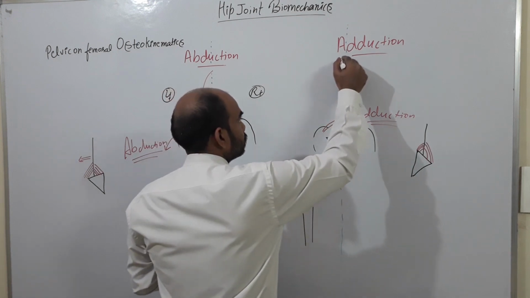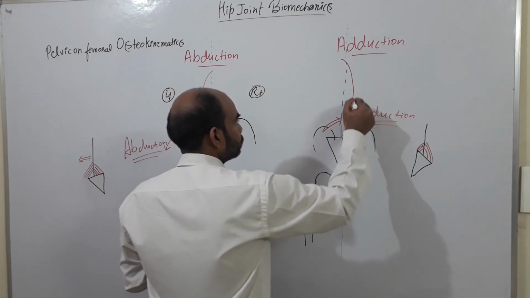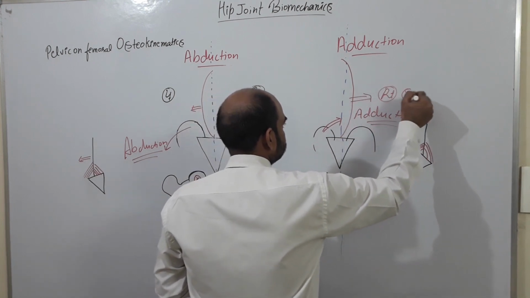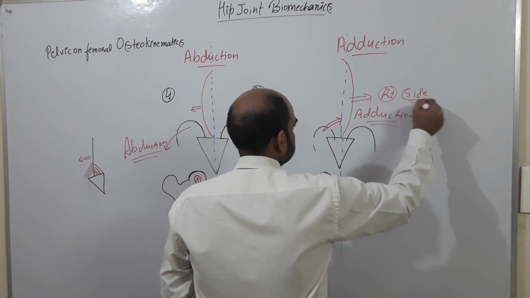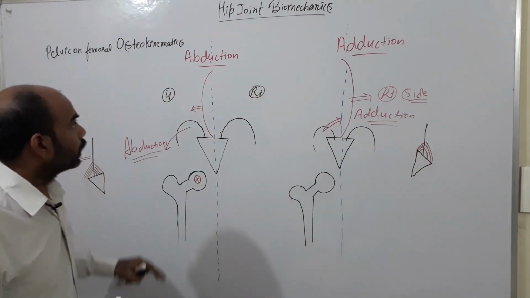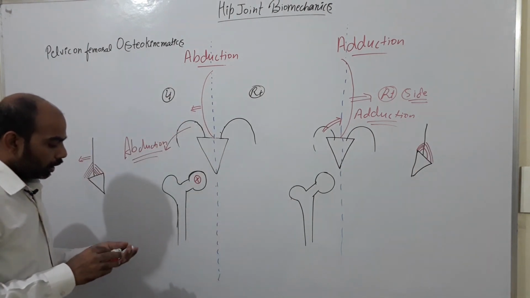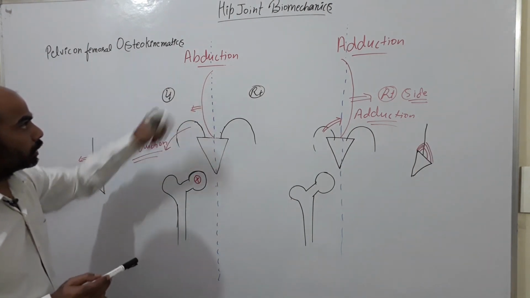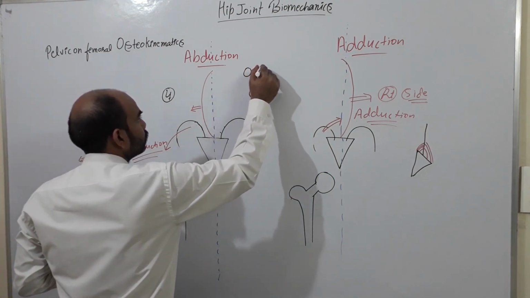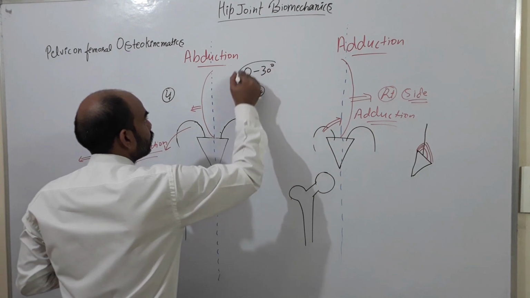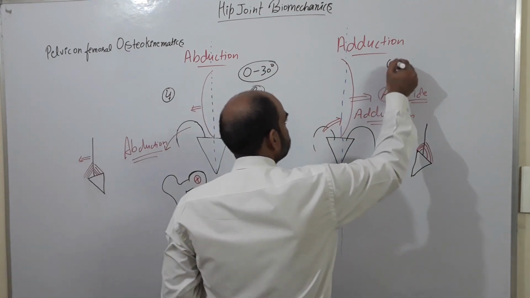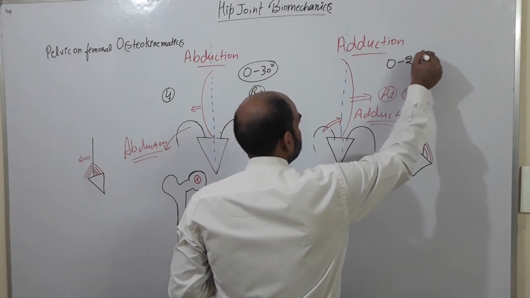So lumbar spine moves towards the right side, to maintain upper trunk in neutral position. In this position, abduction range is around 0 to 30 degrees and adduction range of motion is around 0 to 25 degrees.